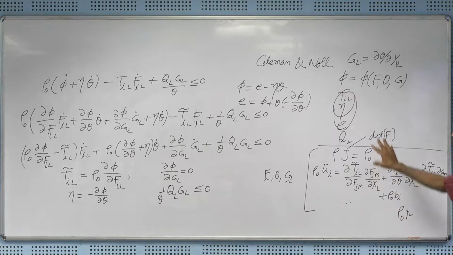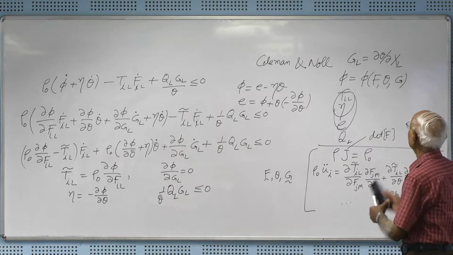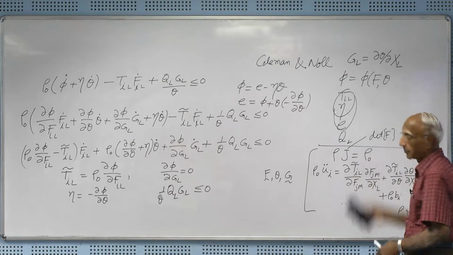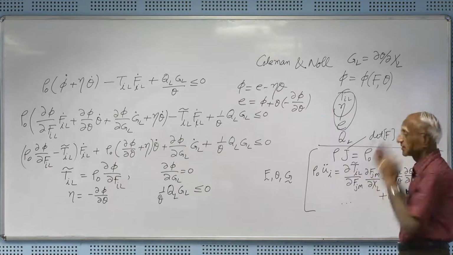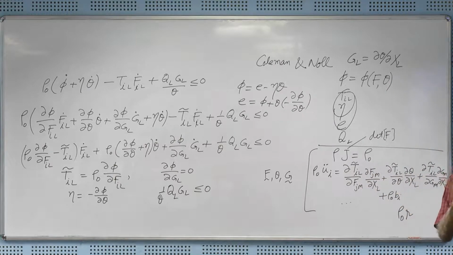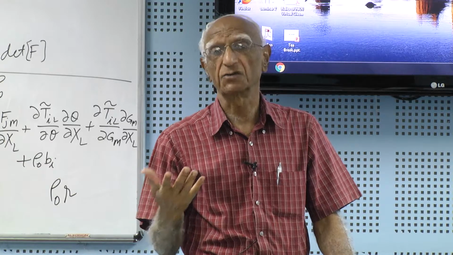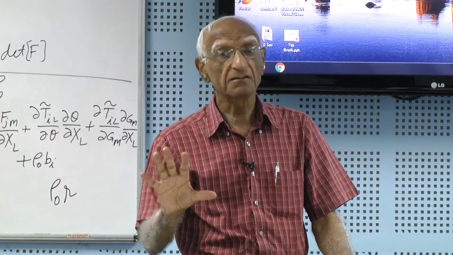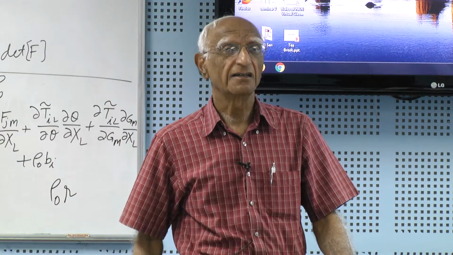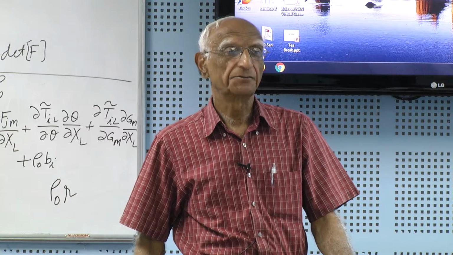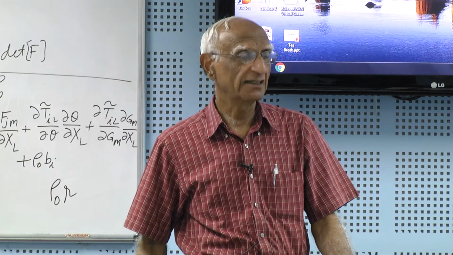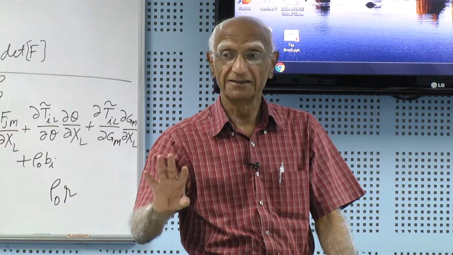See, at this stage all we have said is phi cannot depend upon G, so really phi is a function of 9 plus 1, 10 variables: 9 components of F, the deformation gradient, and temperature. So this is a function of 10 variables. Now let's see if we can make it a function of fewer than 10 variables. Okay, so that's the next thing.